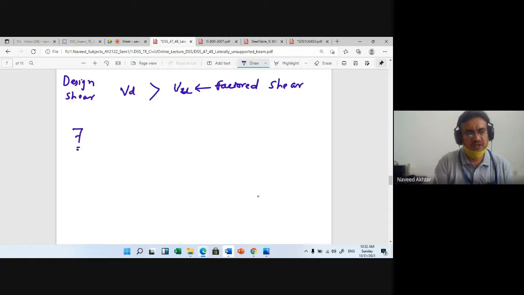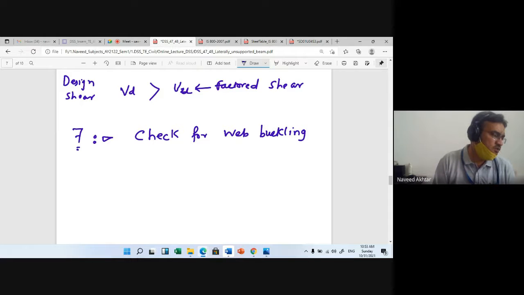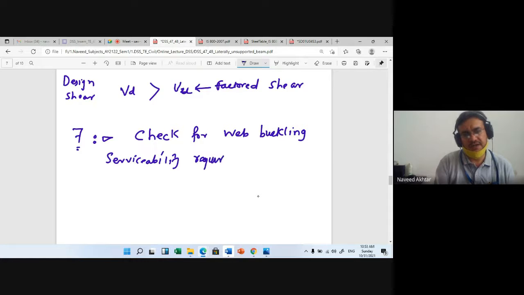Step number 7 is the check for web buckling, and that is nothing but the serviceability requirement.